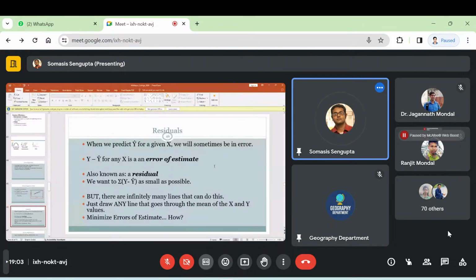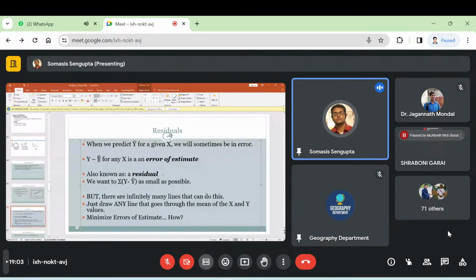However, if I compare the predicted value with the actual observed value, it is not necessary that the predicted value will be exactly equal to the actual value. So this gives some kind of error. It is known as y minus y crow, where y is the observed value, y crow is the expected value. This is called as error of estimate or residual.